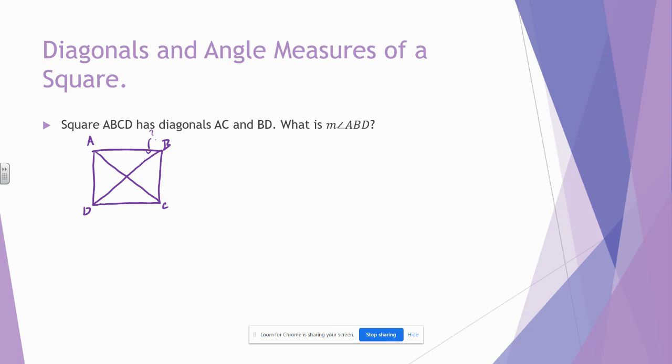So let's talk about what a square is. So a square, remember, has 4 congruent sides. It's a parallelogram that has 4 congruent sides, kind of like a rhombus, and 4 right angles. Kind of like a rectangle.